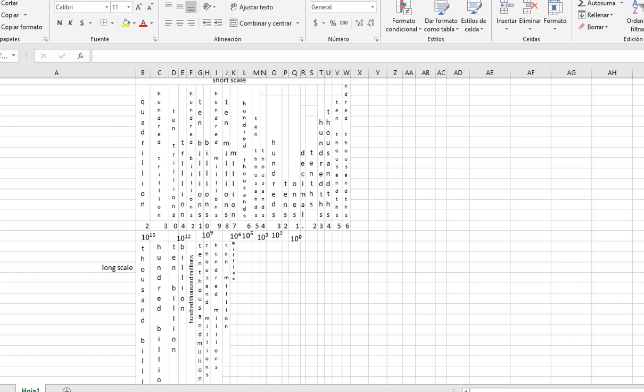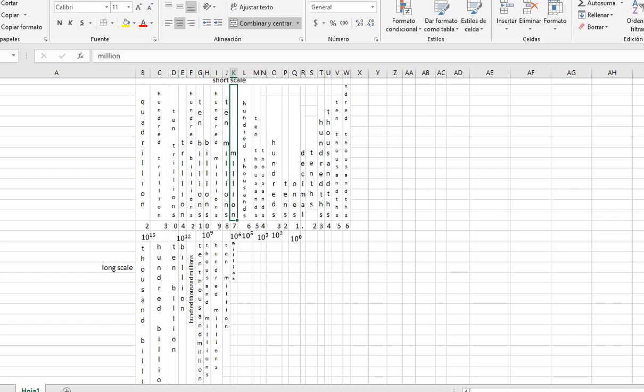that, for instance, the place values for the numbers are the same here. We have ones, tens, hundreds, thousands, 10,000, 100,000, millions.